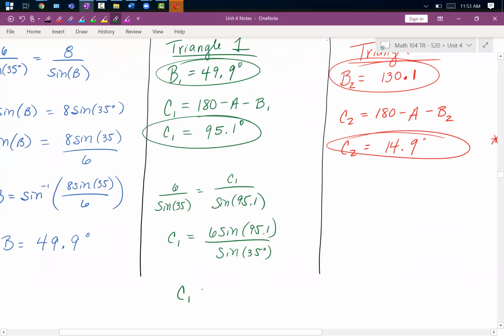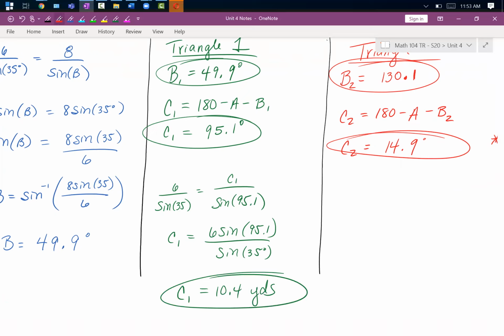And we get C1 to be 10.4, and our unit is yards. And then we'll do the same exact thing for our second side C. 6 over sine of 35 is equal to C2 over sine of 14.9.